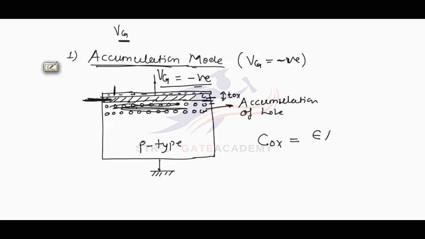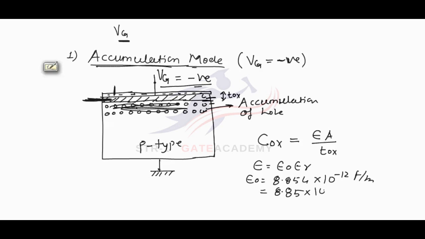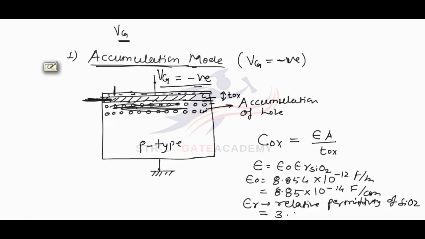It will be written as epsilon A by t oxide, where epsilon is equal to epsilon naught into epsilon r, epsilon naught equal to 8.854 into 10 raised to power minus 12 farad per meter, or it will be equal to 8.85 into 10 raised to power minus 14 farad per centimeter, while epsilon r is the relative permittivity of SiO2, and it is equal to 3.9.